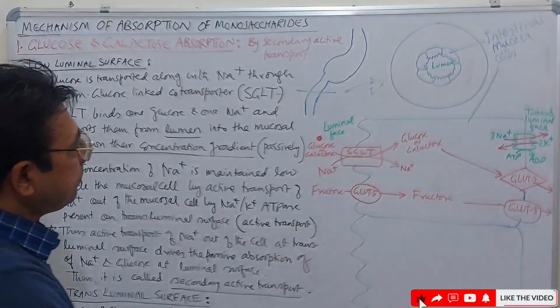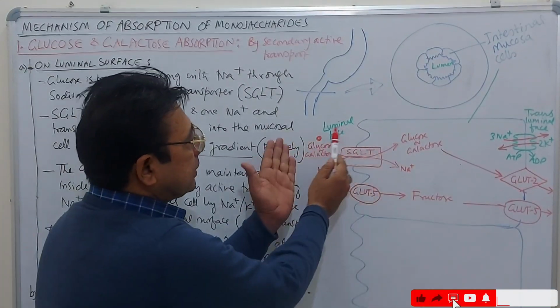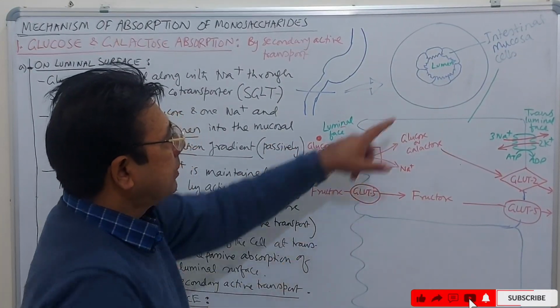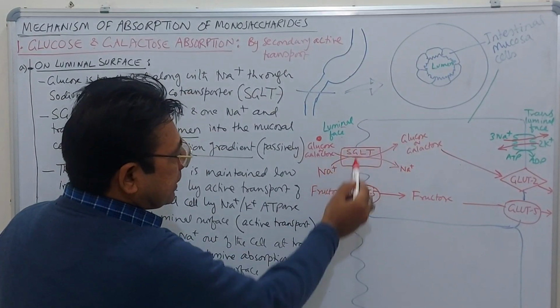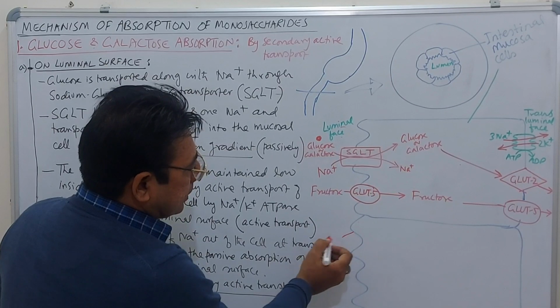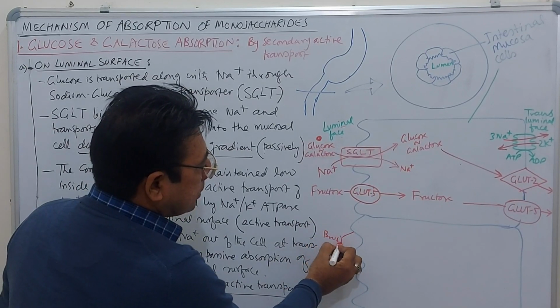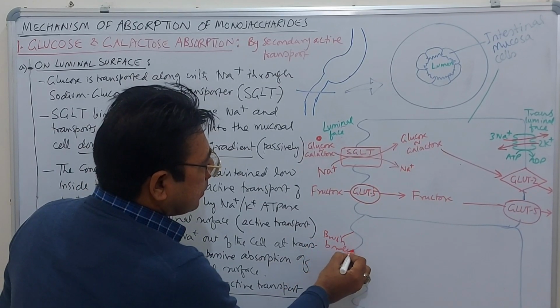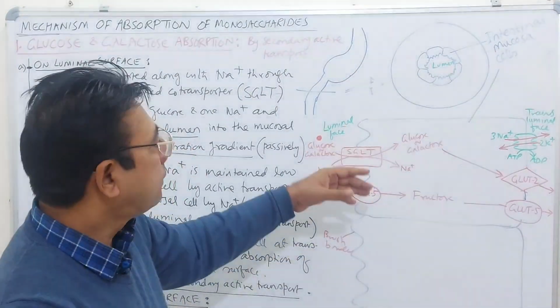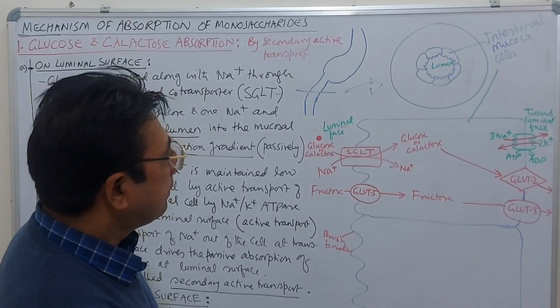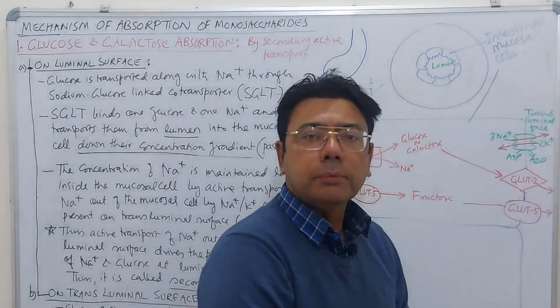And as you can see, this face of the mucosal cell is called the luminal face because it faces the lumen, and it is characterized by the presence of this brush border of villi. So toward the luminal face you will find the brush border of villi, whereas the other face is called the transluminal face.